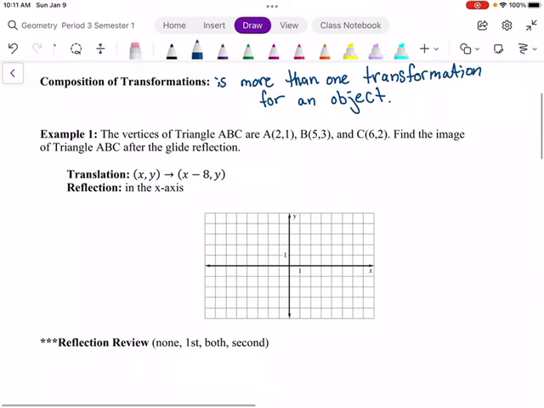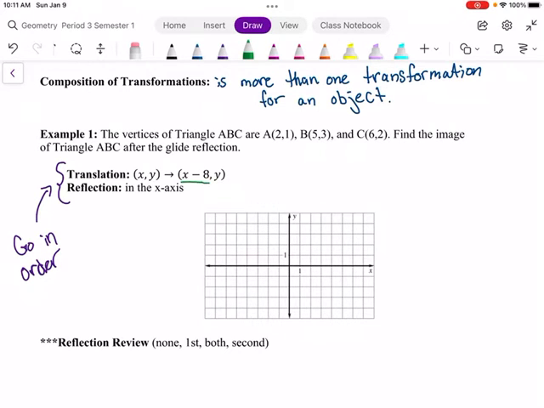So our first example, the vertices of triangle ABC are A, B, and C. We are going to find the image of triangle ABC after the glide reflection. So whenever you are given a list of transformations, you're always going to go in the order that they give them to you. Otherwise, your answer could be wrong because you did them out of order. So our first one is a translation.